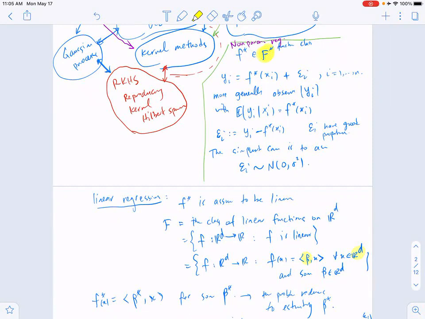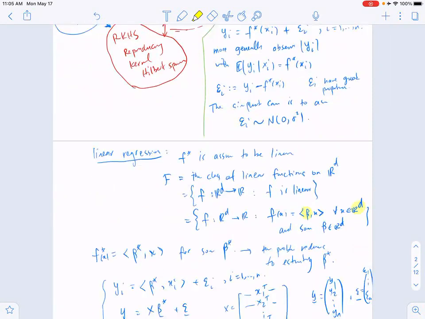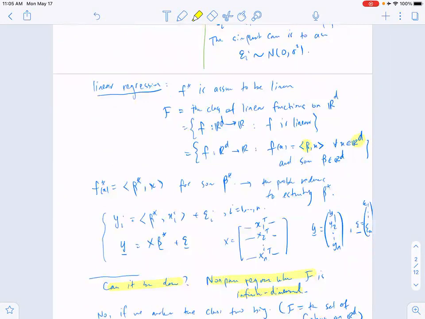So in the linear regression case, this function class is just the set of all linear functions, let's say from R^d to R, in which case we can write any of these f as an inner product of some beta with x, where beta is another vector in R^d.